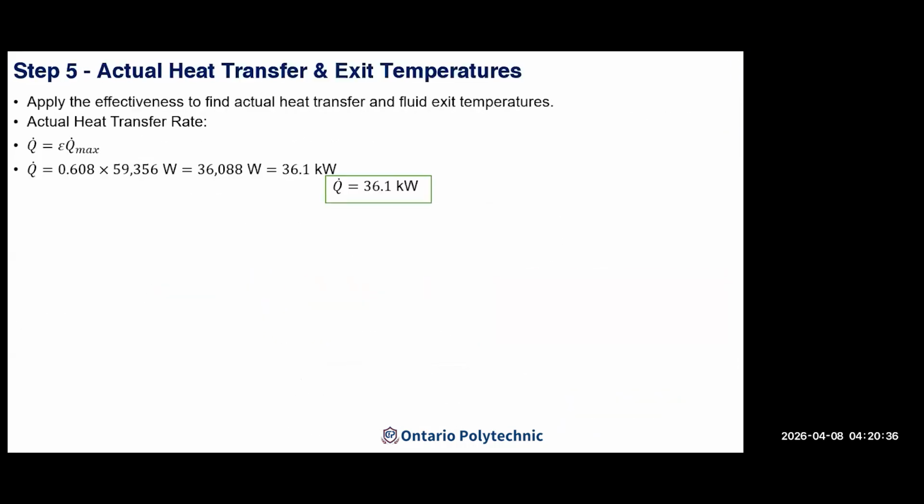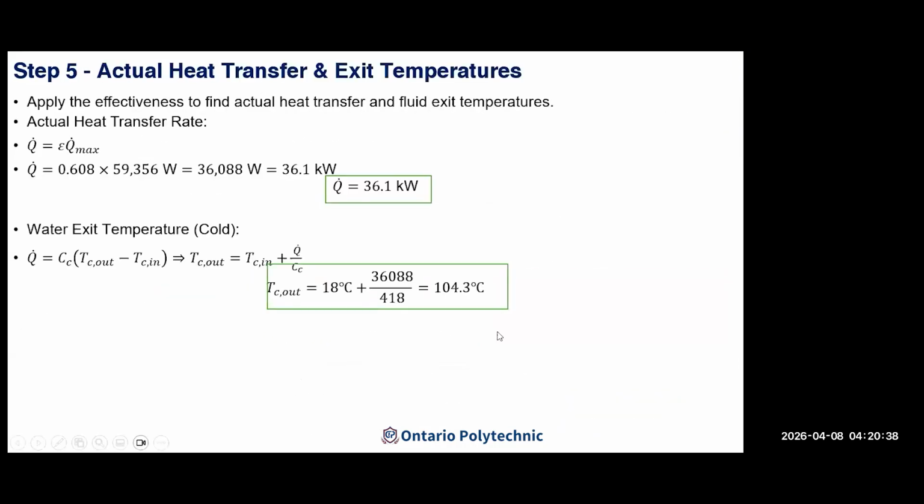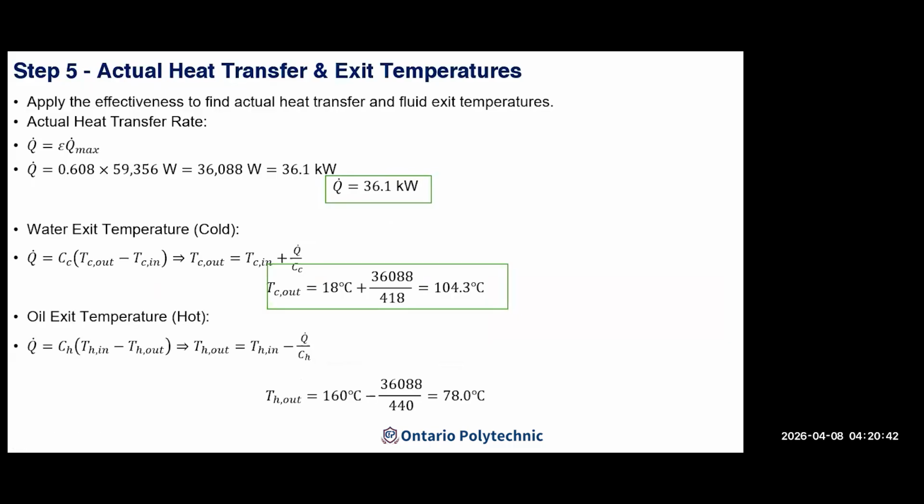Excuse me, I just want to say that in Table 11.4, there is a formula for epsilon when we have n shell passes and 2n, 4n tube passes. But for calculating epsilon, we have to calculate epsilon 1, which has a long formula, and then put it in another formula.